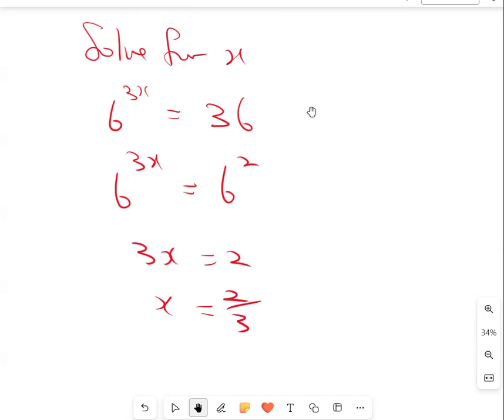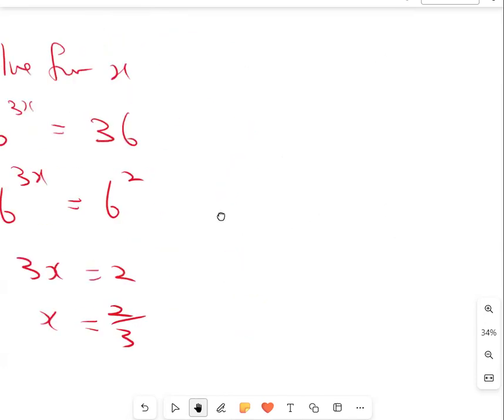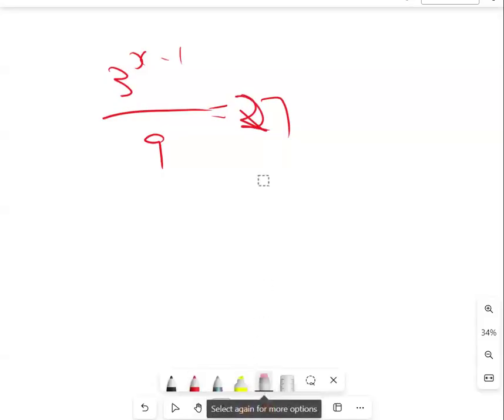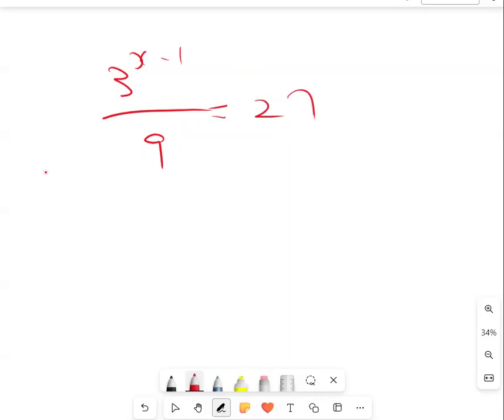All right, let's do a last one. Let's say you have 3 to the x minus 1 over 9 is equal to, let's say, 27. So what can you do here?